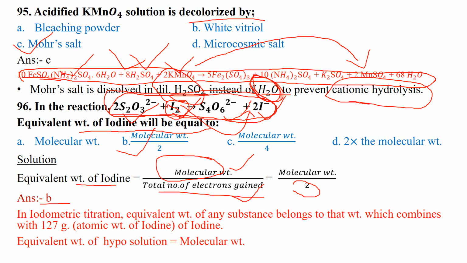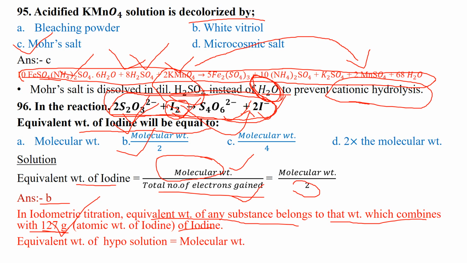However, in iodometric titration, the equivalent weight of any substance is that weight of the substance which combines with 127 gram of iodine, and 127 is the atomic weight of iodine, right? For the equivalent weight of hypo solution, Na2S2O3 plus I2 gives Na2S4O6 plus 2NaI.